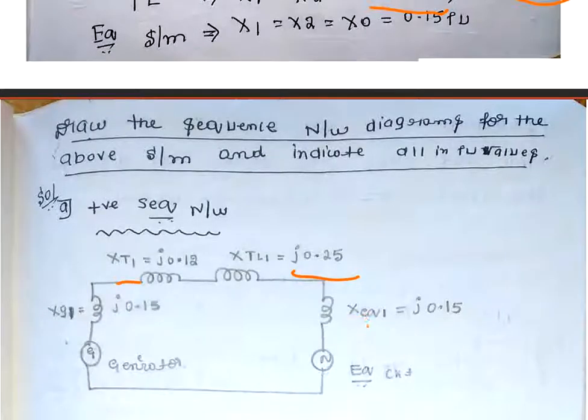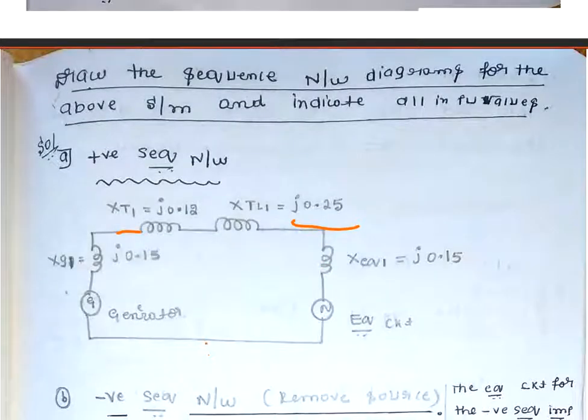So XEQ1 equals j0.15, where 1 indicates the positive sequence. This is my reference bus, as you saw yesterday. Now it is connected like this.